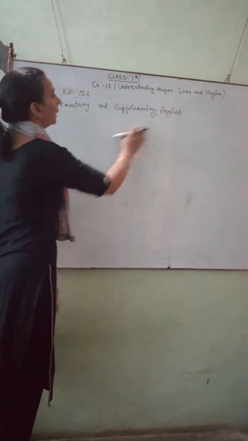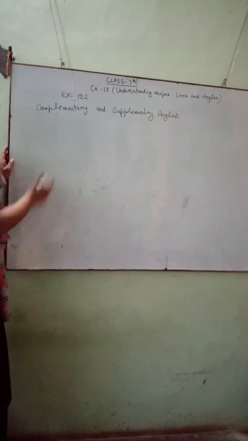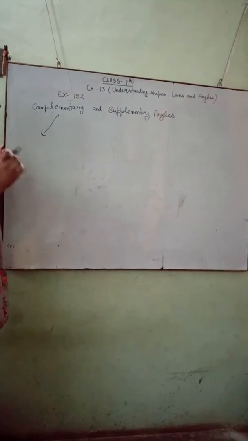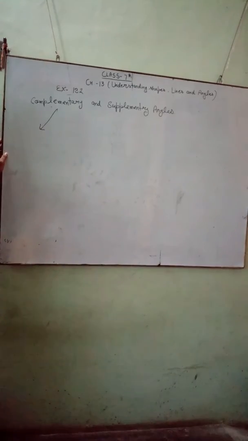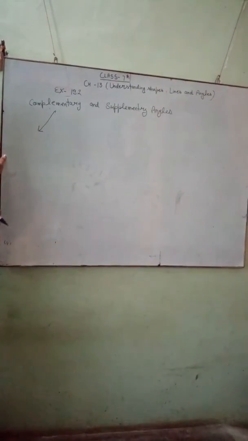Complementary and supplementary angles. What are complementary and supplementary angles? Complementary angles: if the sum of two angles equals 90 degrees, then these two angles are complementary to each other.